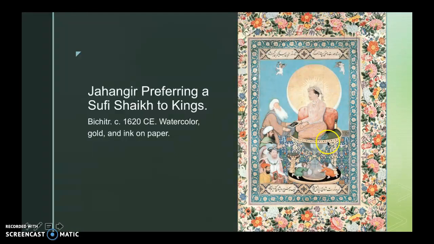He sits on a throne that is an hourglass. Now, you could read this in one of two ways. One way is that he has triumphed over time and the idea of passing time or mortality. And in fact, these inscriptions here suggest something along the lines of, may Jahangir rule forever, for he is such a benevolent and wonderful ruler.